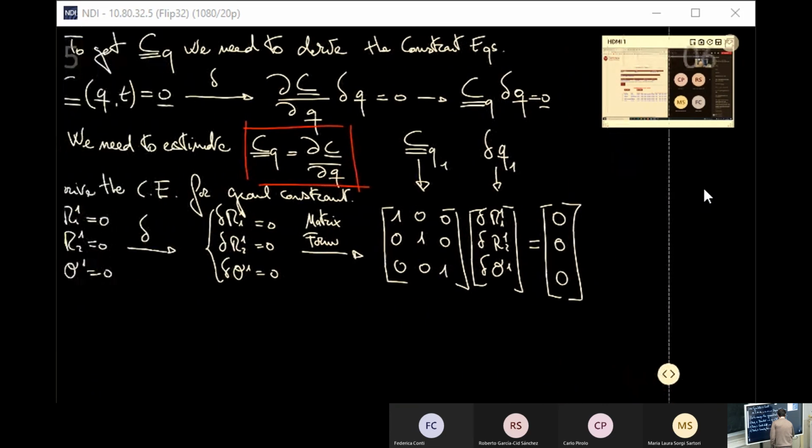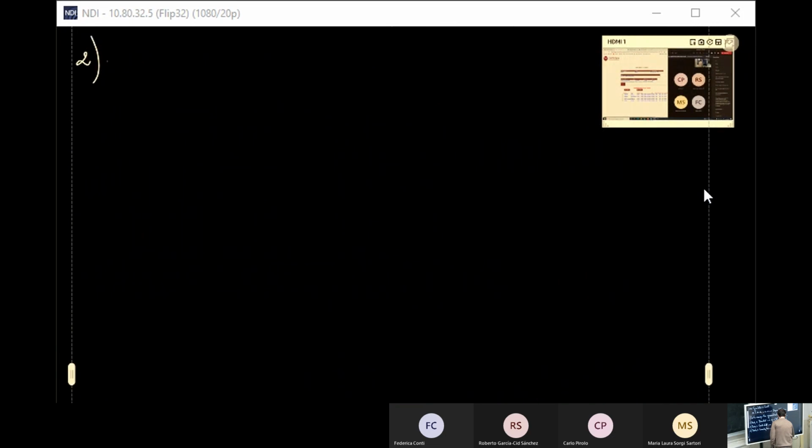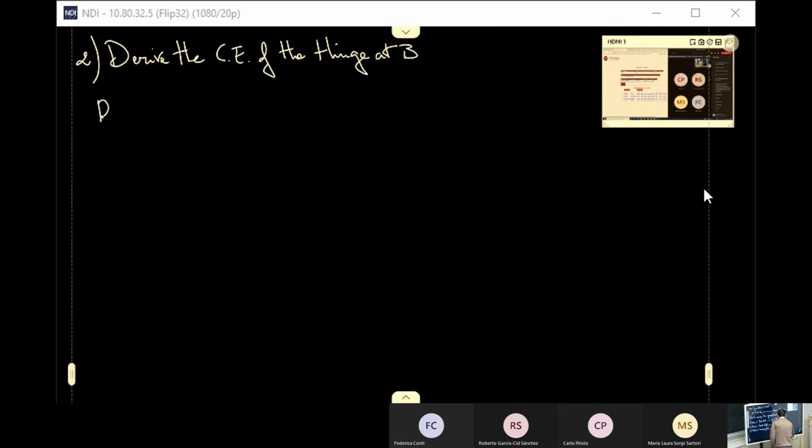So here we said derive the hinge at O, the point O. We have something of this sort, if you remember: R2 plus A2 R0O.